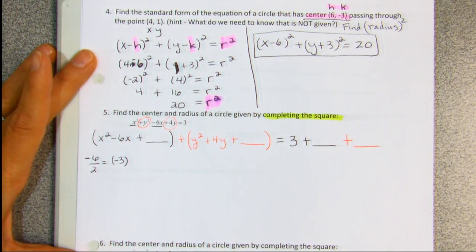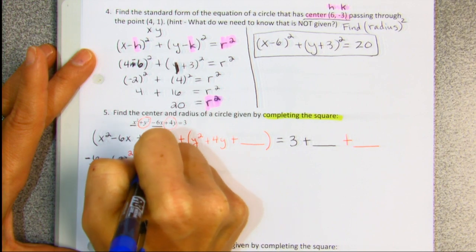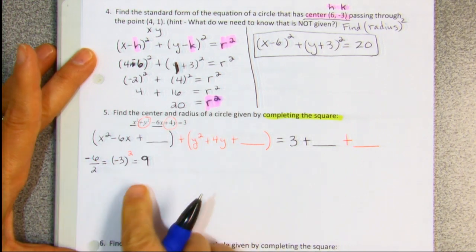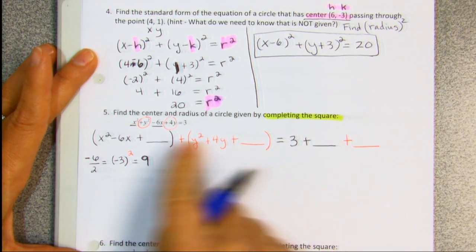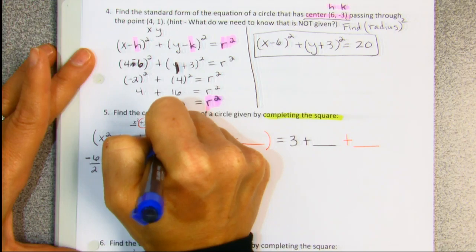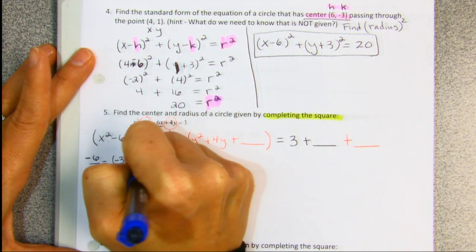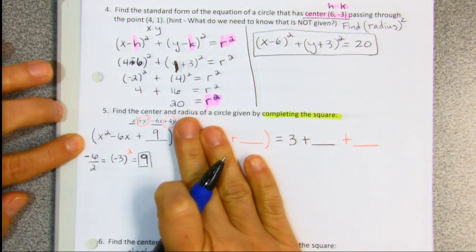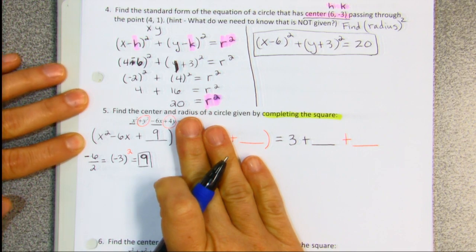Completing the square means we square that result, and it gives us the perfect square number of positive 9. You're always getting a positive number here. That's why I put plus signs. That will always be positive every time. So we can put plus 9 here. That's my perfect square number that makes the x's polynomial a perfect square trinomial.